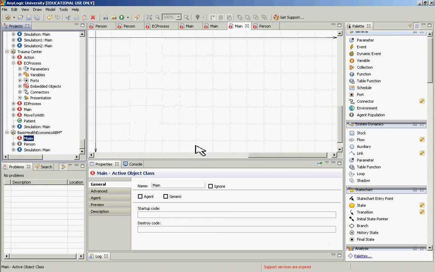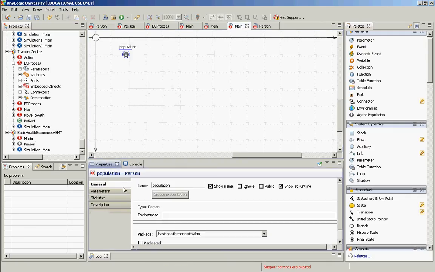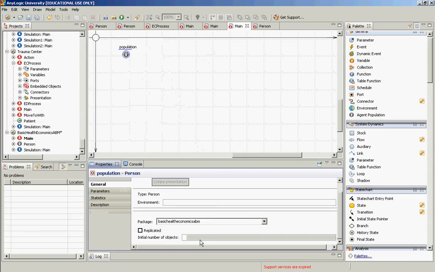Let's go back up to main and let's create a population of people. We do that by dragging this person up here and creating a population. And associated with this population could be header information on any parameters for them, etc. We're not going to make use of that, but we do need to indicate that it's a replicated population, and we'll create 1,000 individuals, say, within this population.